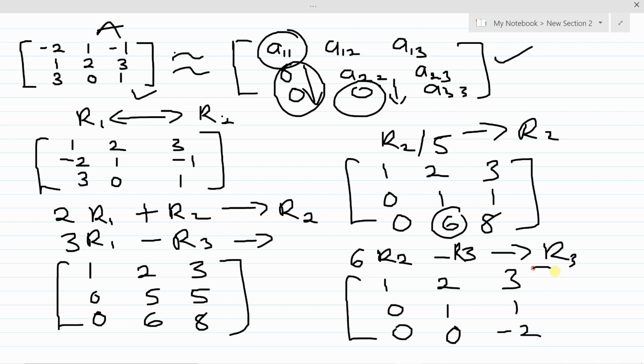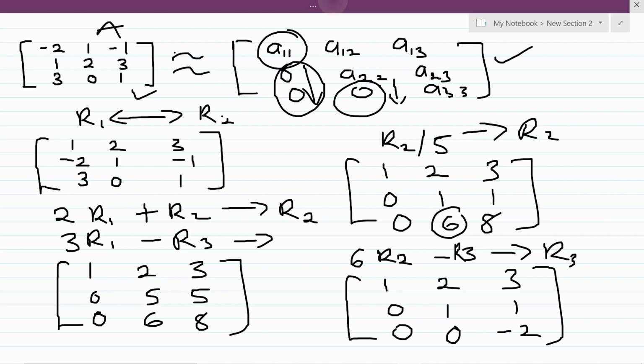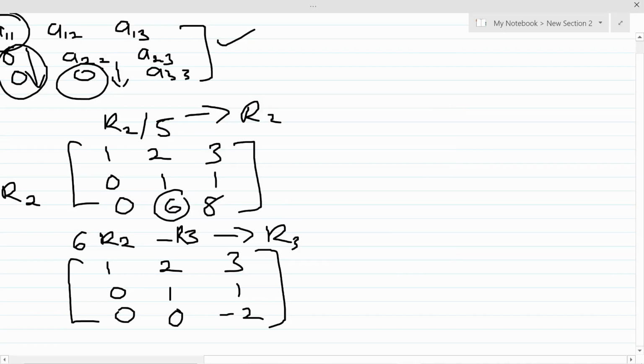Negative 2. Now looking at row 3, there is only negative 2 present, so I can divide the whole of row 3 by negative 2 so that I'll get 1. I want to make sure that all my leading diagonals become 1.